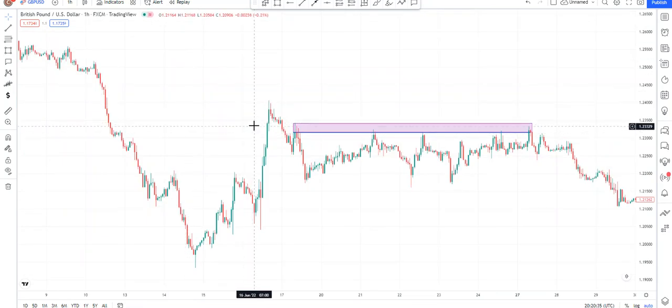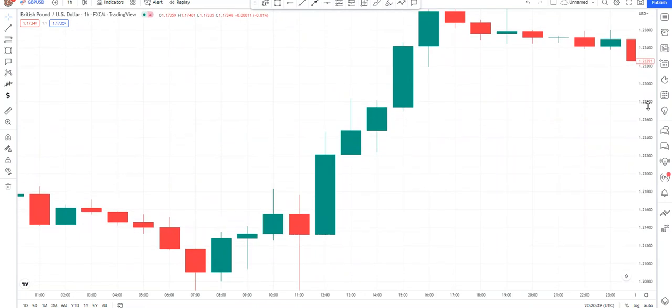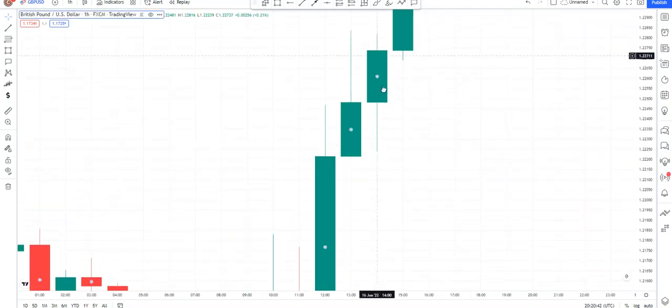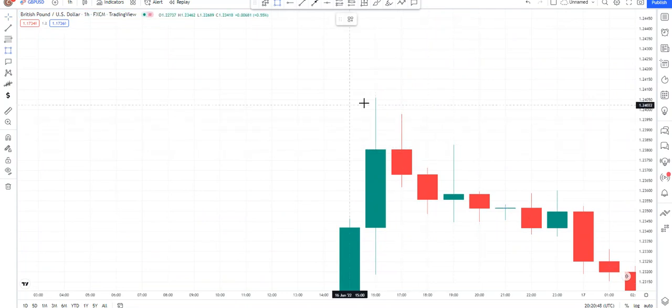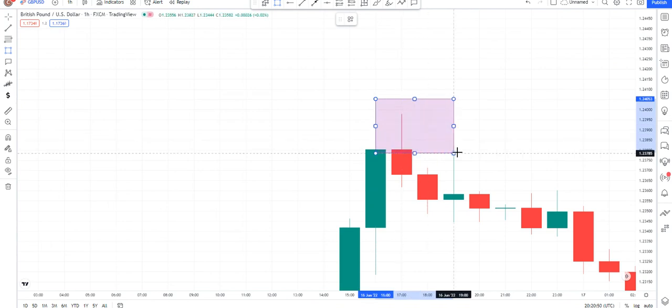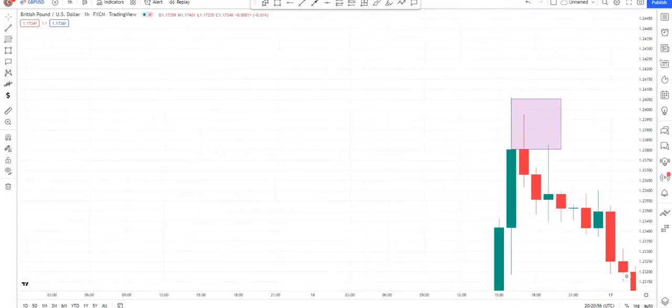So we have another one inside here. You can see these wicks. So liquidity was taken out here, and the wicks were used as a rejection block, and price continued lower in that case as well.